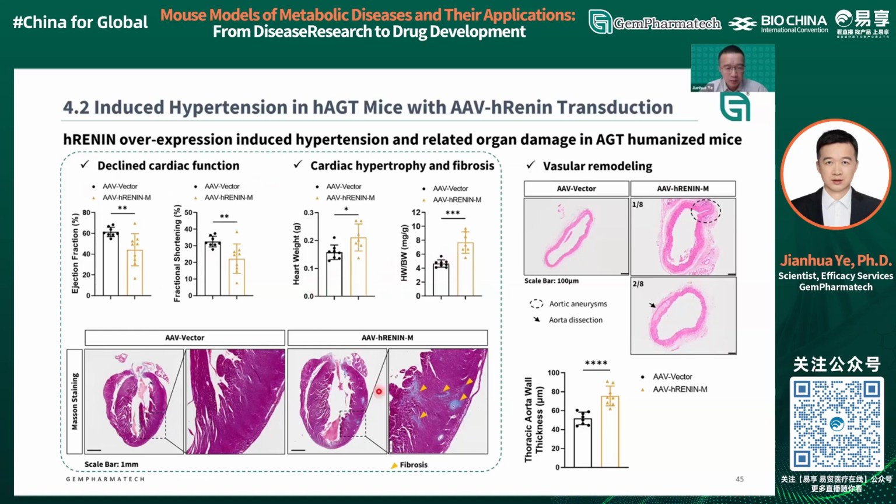At the same time, the heart also developed fibrosis, as we can see from the staining. The blue area shows where the fibrosis happens. The blood vessels also have problems: aortic aneurysm happened here, aortic dissection also happened, and the thoracic aorta wall thickness becomes thicker.